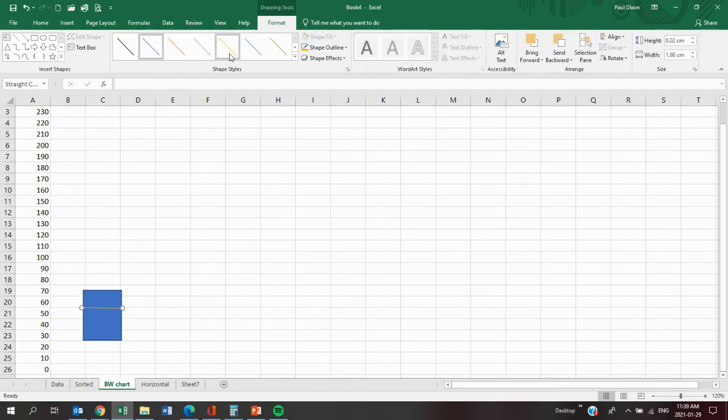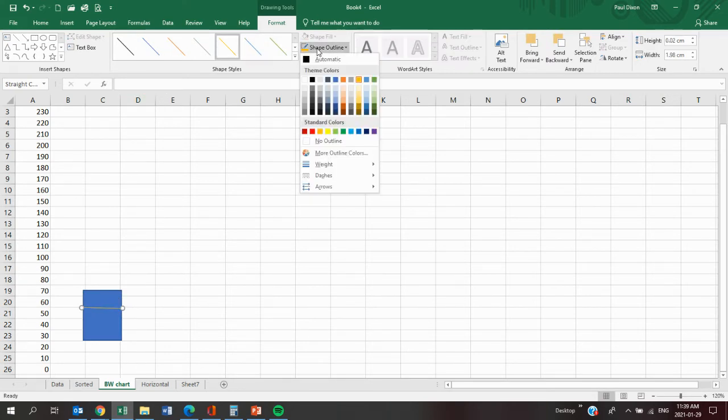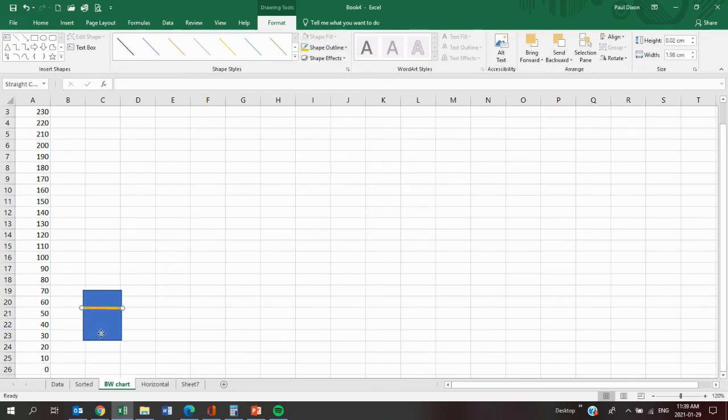So let me change its color and make it brighter or bigger. There, now you can see it. This box here, though, I drew in the wrong spot. 30 starts at about here. Okay. So it's reasonably symmetrical around the middle of 50, and I've got 65 on the upside and 30 on the bottom side, so $15,000 gap here and $20,000 gap there. It's reasonably symmetrical. And this is the middle of my data set.